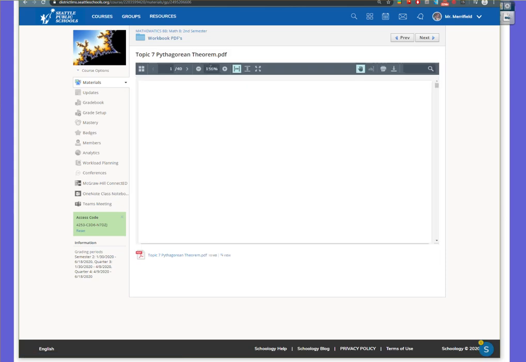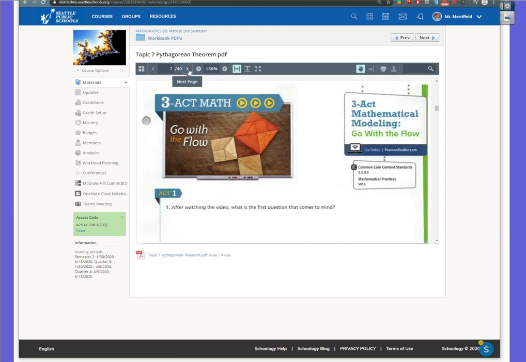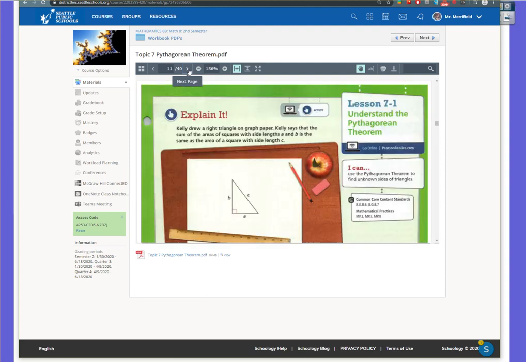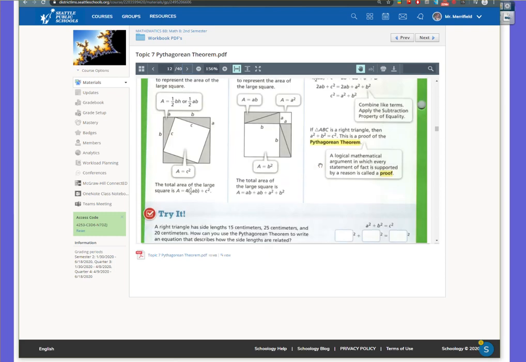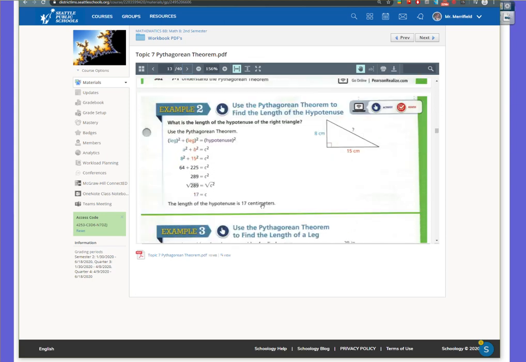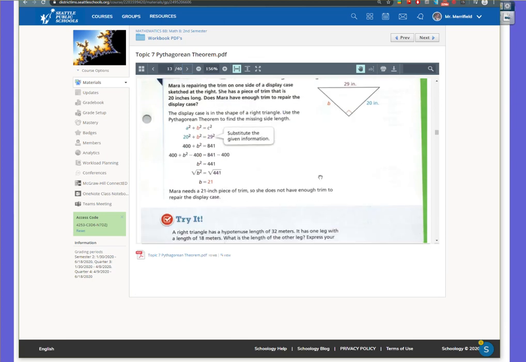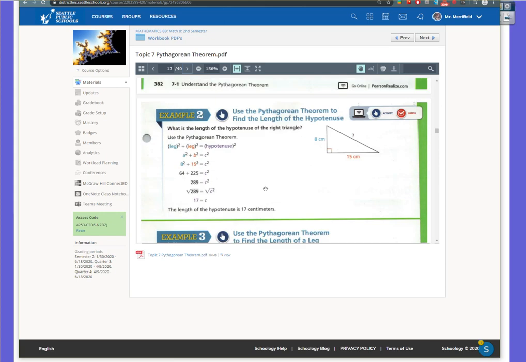So if you want any more resources on this, you can go here. There's an additional example one that I didn't do. I instead showed it with a video, but you can use this to explain what the Pythagorean theorem is. You've got those two examples that I worked out, a few practice problems, and of course you have the practice that I'm posting. So let me know if you guys need anything different.